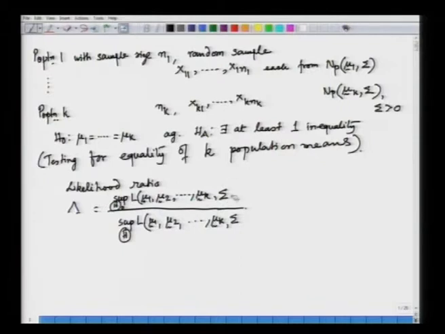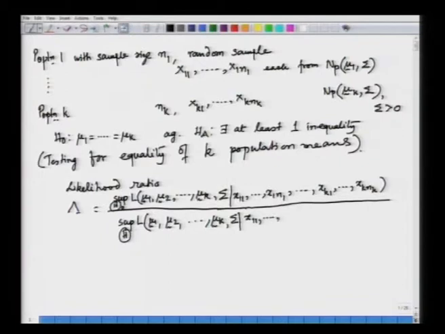If you want, you can also include the observations here: x11 to x1n1 for the first population, and similarly xk1 to xknk for the kth population.